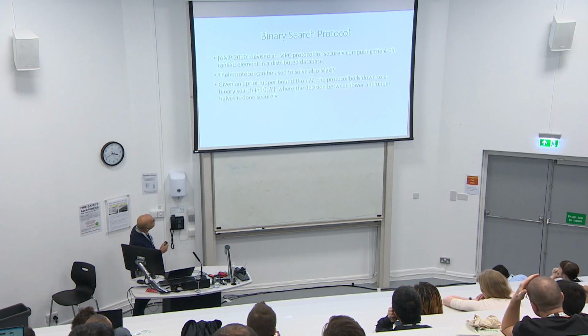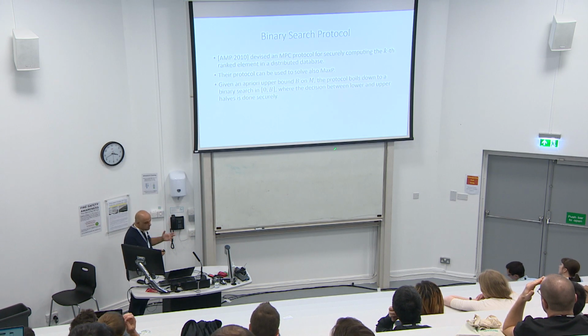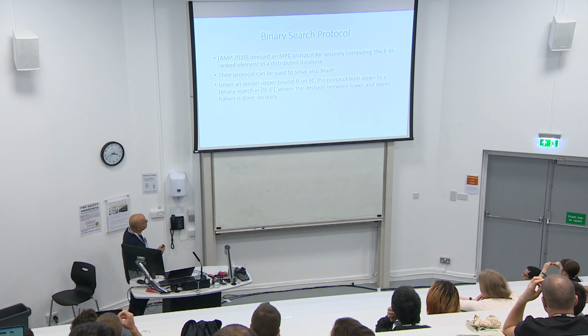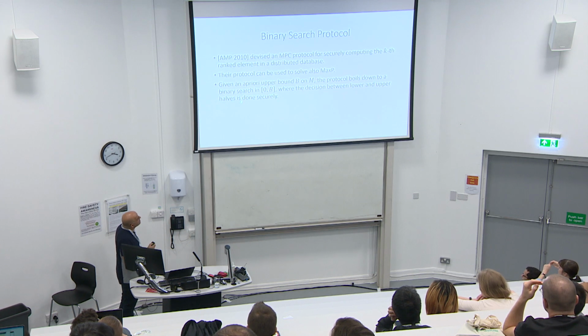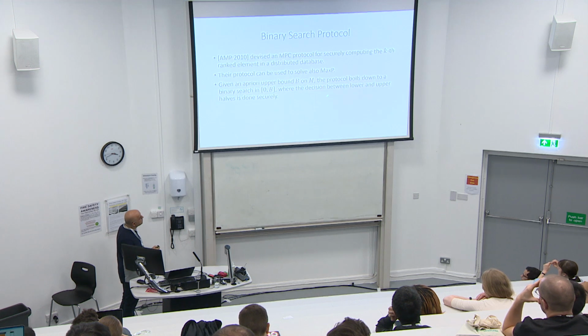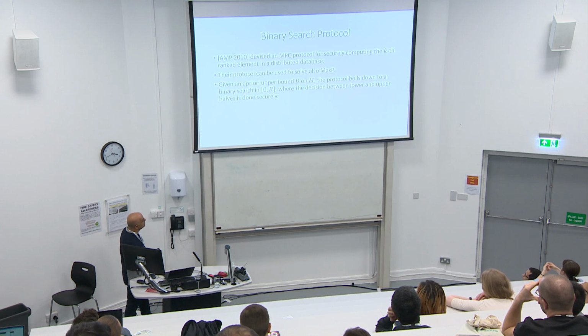Given an a priori upper bound b on n, we have to assume something, as we assumed in the previous protocol, that we have some upper bound on the values of the inputs. Here too, we assume some kind of upper bound. Then the protocol boils down to a binary search over that interval. Where's the trick? The decision between continuing the search in the lower half or the upper half must be done in a secure manner without revealing information on the inputs to any of the parties.